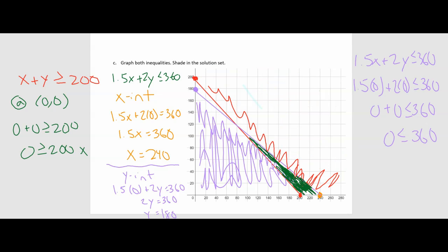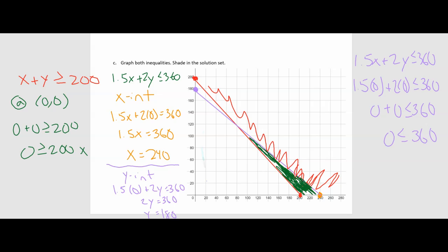So I'm going to erase the other sides. And our solution set would be what I shaded in green. It doesn't look like a ton of numbers, but you also have to realize that the graph is being counted off by 20s. So there are more points in there than you think.